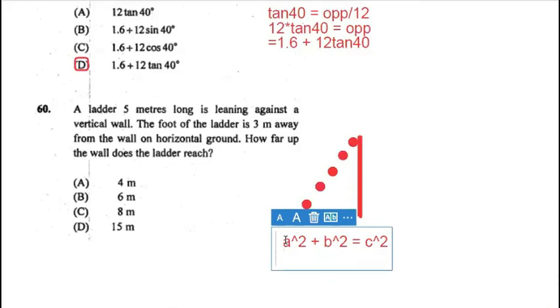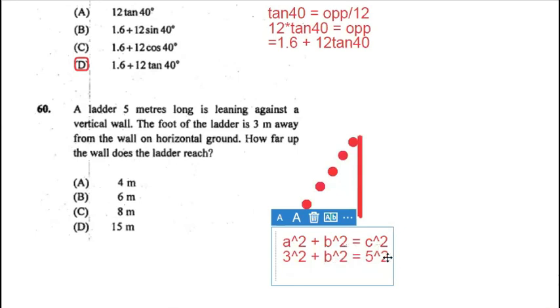In this case, I'm going to use a square as the 3 meters, which is how far the ladder is from the wall, and b square as the height of the wall, which is what we're trying to find. So b square is equal to c square, which is the length of the ladder, the hypotenuse. So it is 5 square, and we're solving for b.